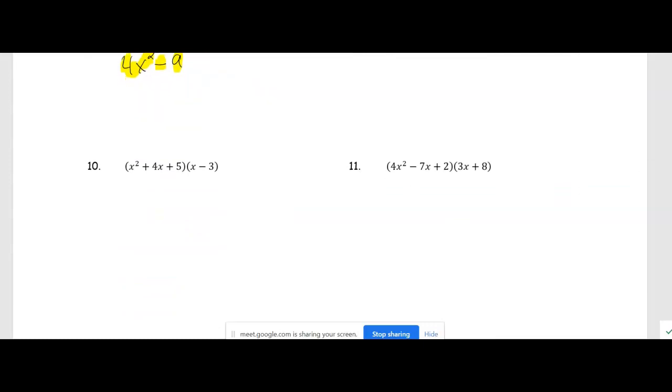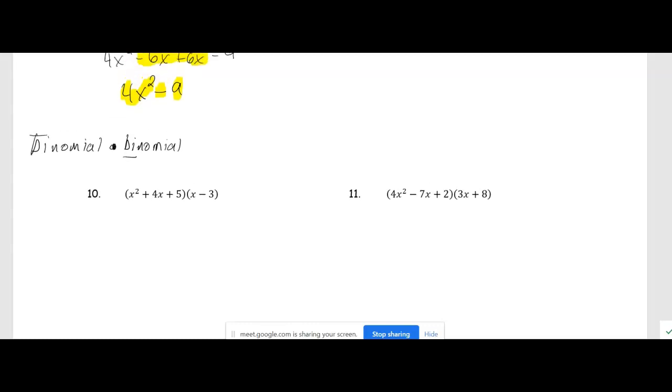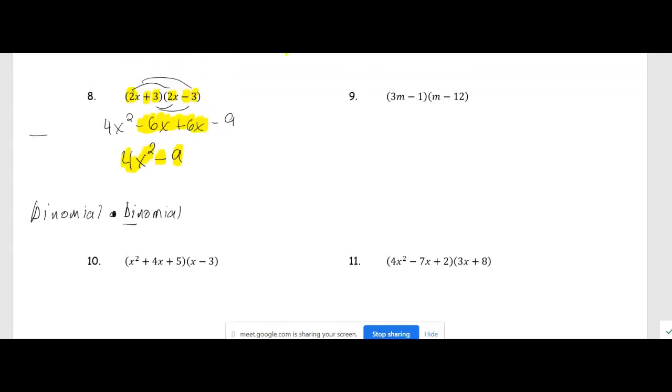What we've been doing, we've been taking binomials, multiplying them by another binomial. So if you think about what that prefix bi means, it's 2. So that's why all of these had 2 terms in the parentheses, and this was 2 terms.